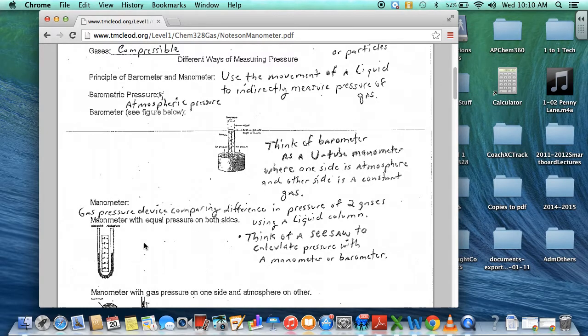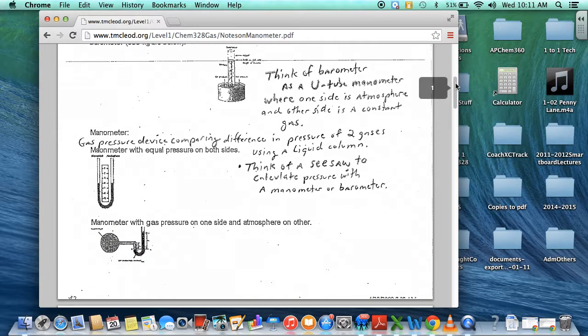That's why you're not going to look at the difference in the heights of the two liquids. Over here, this is one side and that's another side. So it's just the recorded distance from that level of the liquid up to this level of the liquid. That's how you record the barometric pressure.